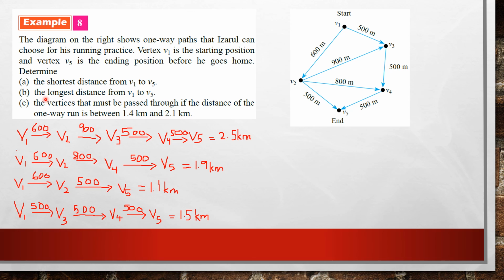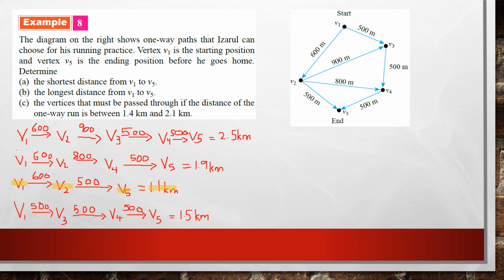So from here, we already can get all the answers for part A, part B, and part C. Part A, the shortest distance from V1 to V5. So what is the shortest distance? It is this one, 1.1 kilometer. So the shortest distance is V1 to V2 to V5.